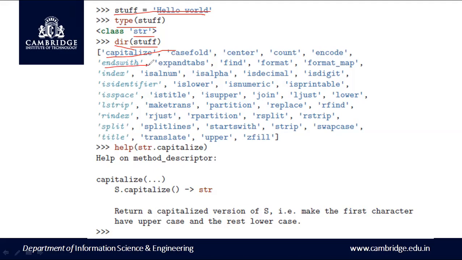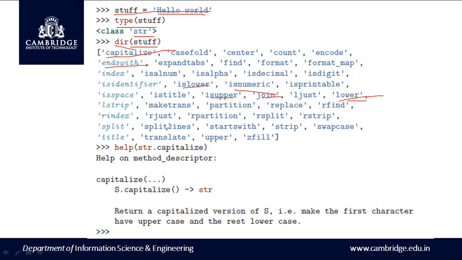Similarly, endswith will compare whether the particular string ends with whatever characters you give it. Islower will check whether the string is lowercase, isnumeric whether it is numeric, and isupper if it is in uppercase. You can join two strings. You can use lower to convert uppercase characters to lowercase characters.